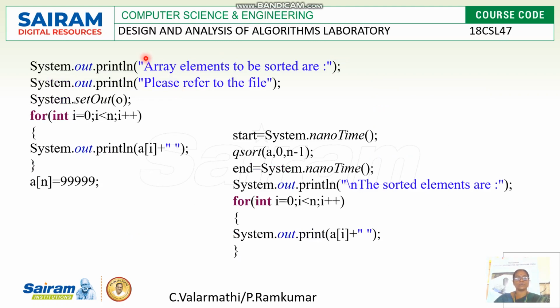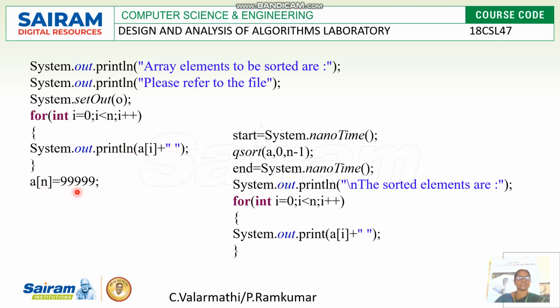Now we are going to perform the quicksort exactly. The array elements to be sorted are referred to in this file. Then using System.out, it is printed using i equal to 0, i less than or equal to n, i plus plus, and stored in the array here.